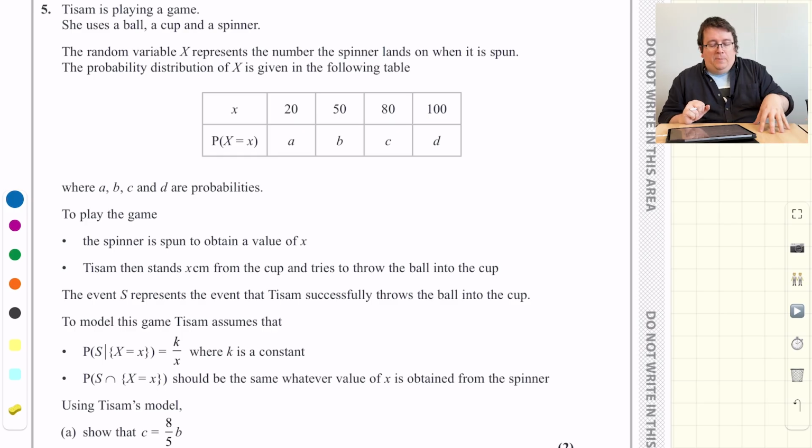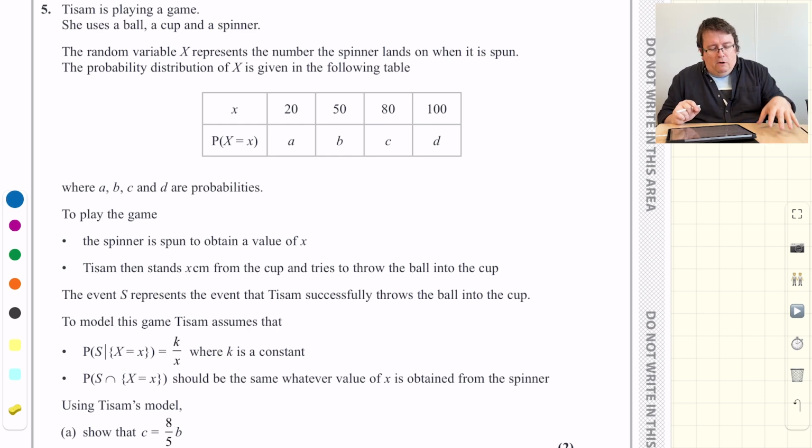So the success of her getting the ball into the cup depends on how far she is away from the cup. And she's suggesting the probability for that is k over x. We're also told the probability of S intersection x equals x should be the same whatever the value of x is obtained from the spinner.